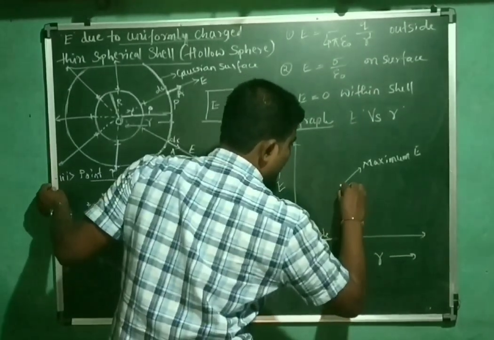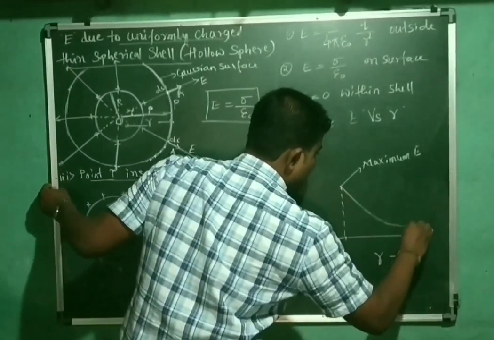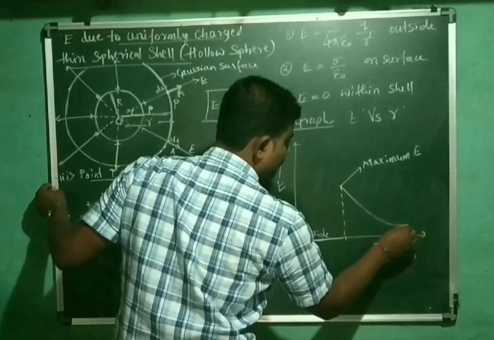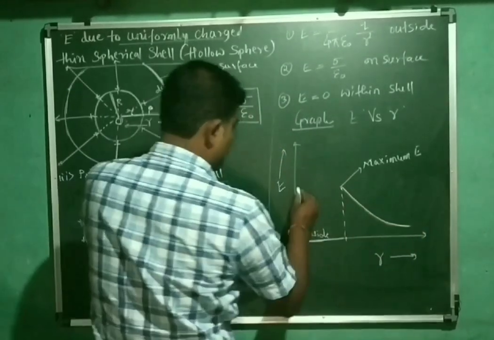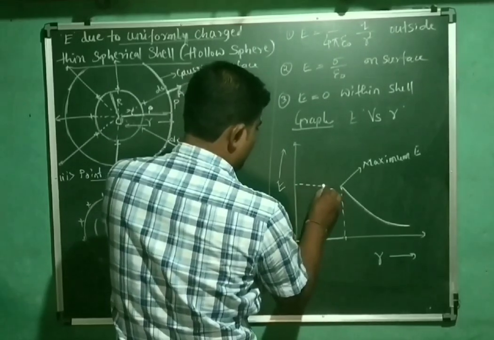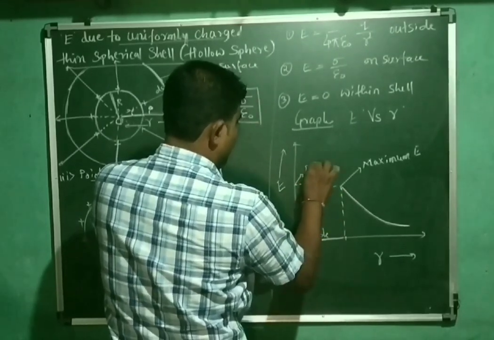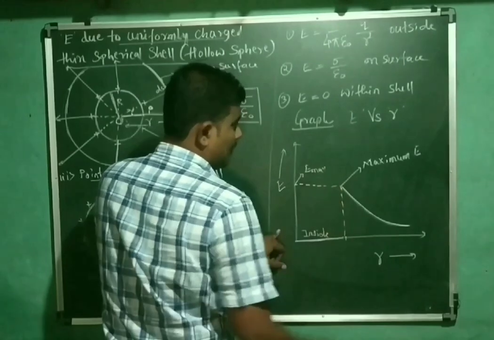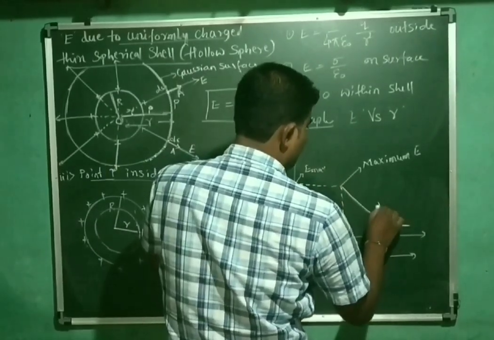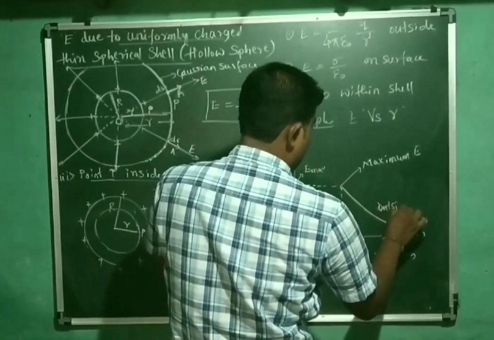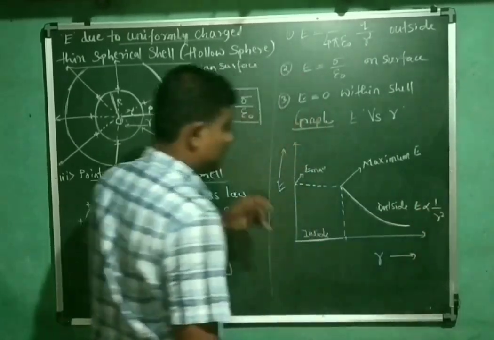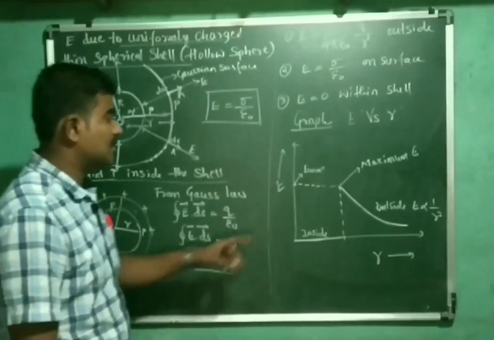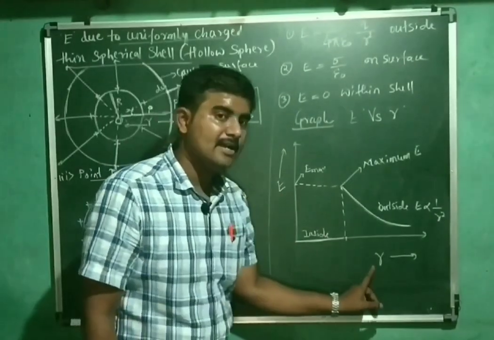Therefore, outside, electric field intensity goes on decreasing like this. So this is E max, and it is outside. E is inversely proportional to square of distance. So this is the graphical representation of electric field intensity and distance.